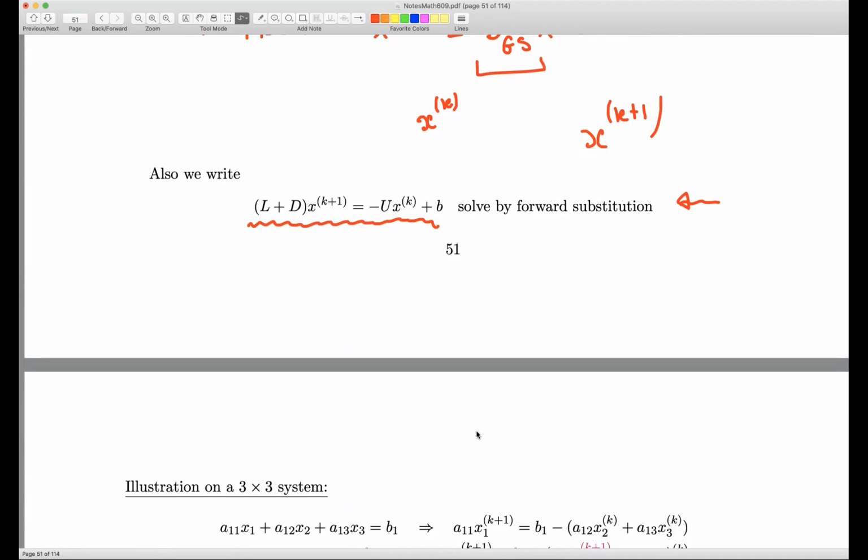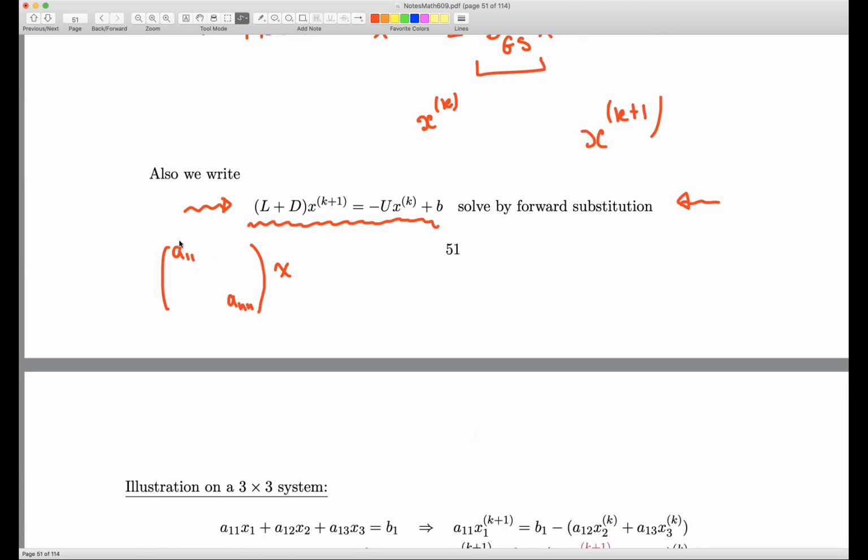So if we look carefully at what is in fact written here, we have the original matrix A applied to the vector x. So we had here a11 and a_nn.